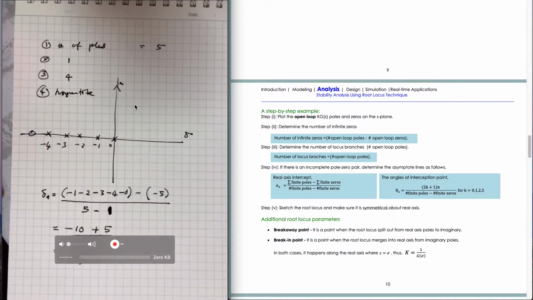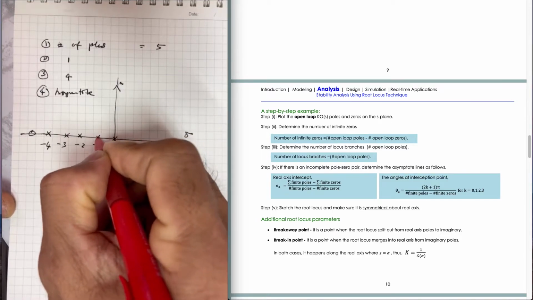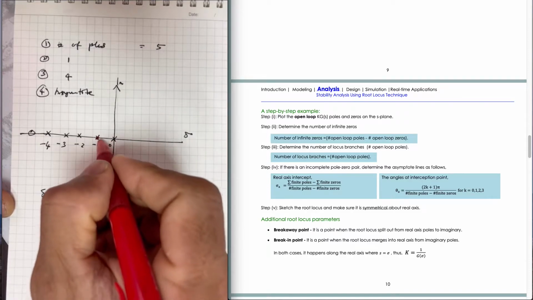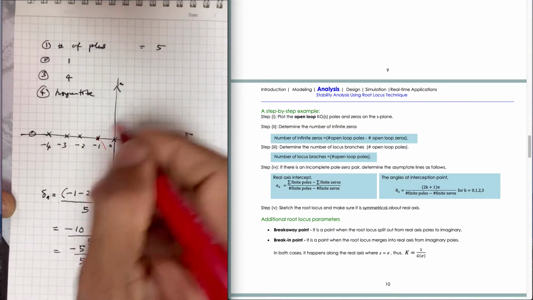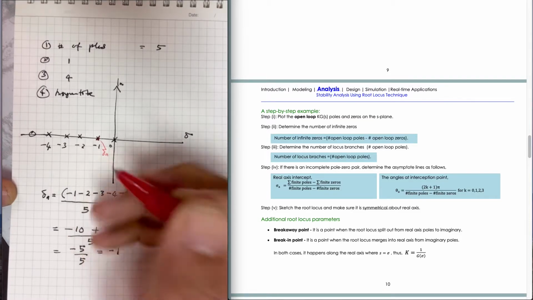So now we know that this is the point here where our asymptote line will cross. It can be any point line.